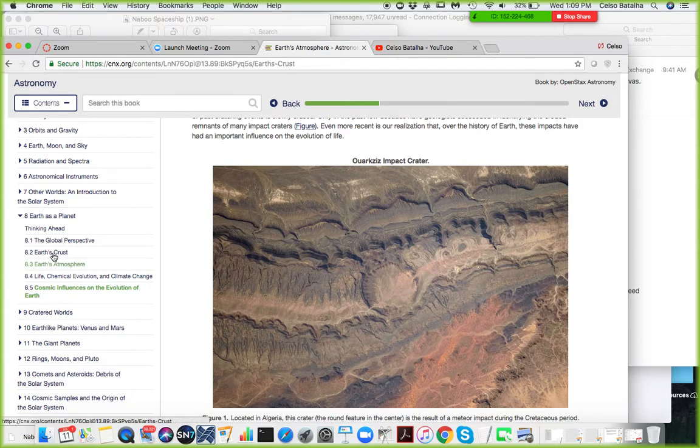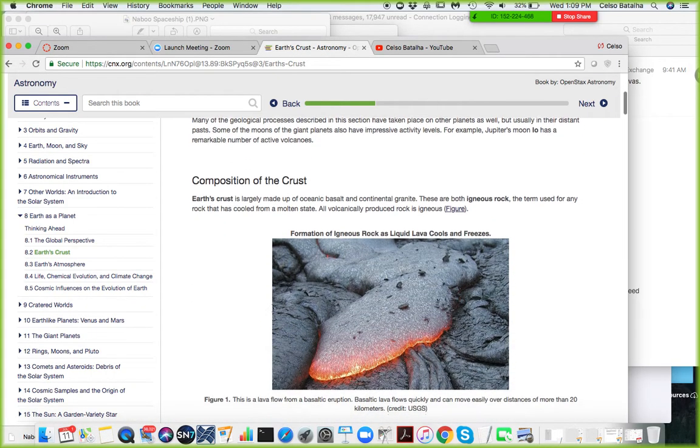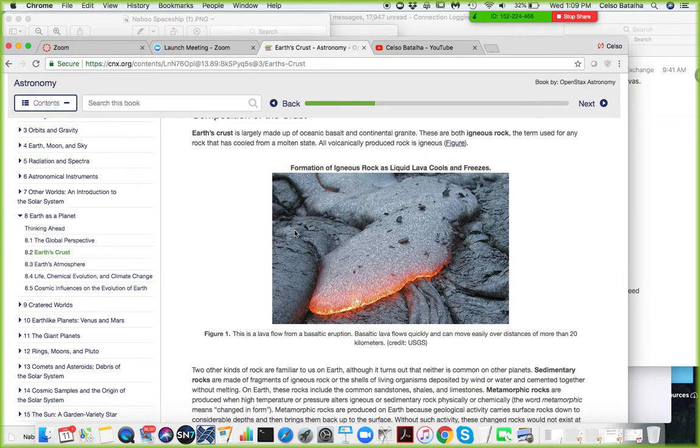Now, let's take a look at Earth's crust. So Earth's crust, as I mentioned, has several indicators of the activity we go through.